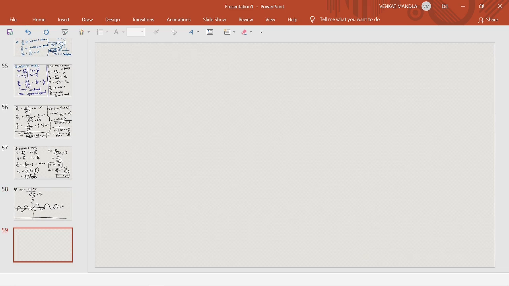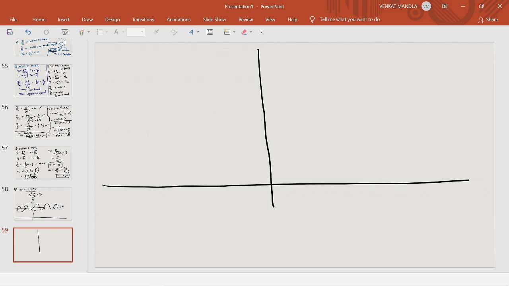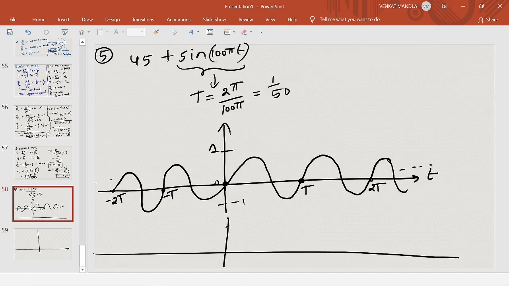45 plus sine 100 pi t. We have to add the constant 45 to this signal. At t equal to 0, the value is 0, and 45 plus 0 is 45.